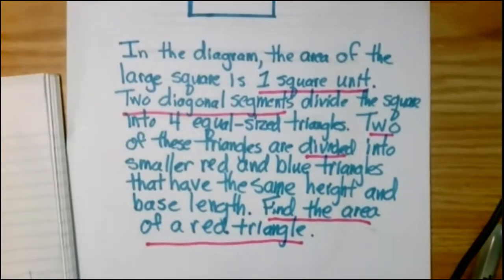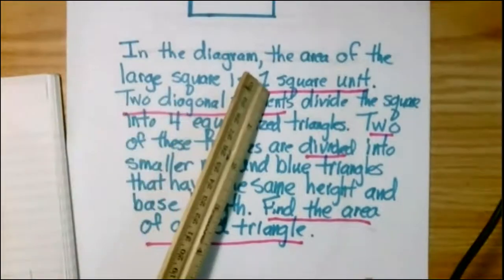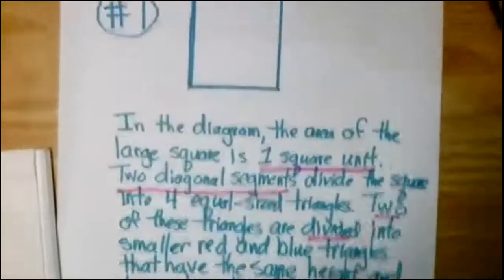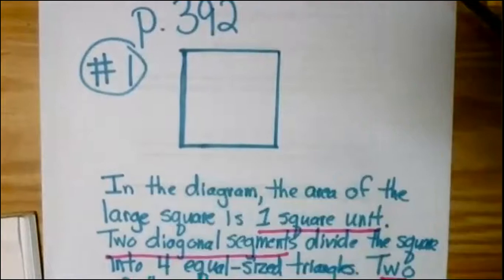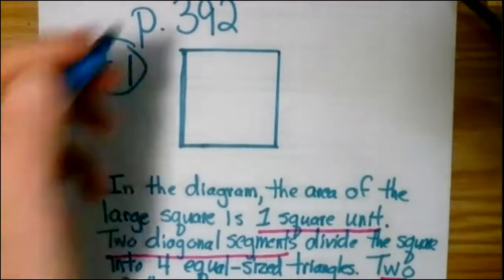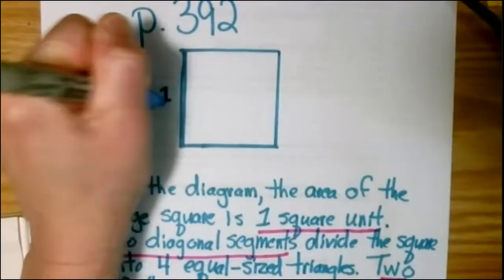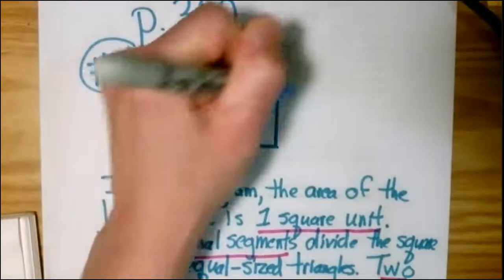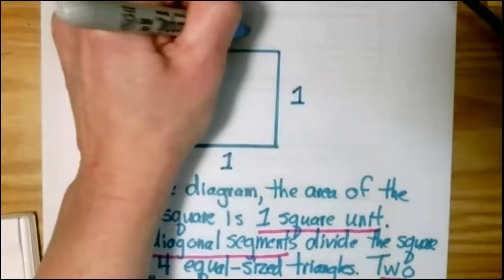So I'd like to draw this step by step. First of all, I have 1 square unit. That means that each side is going to be 1 unit. If it's a square, all sides are equal.